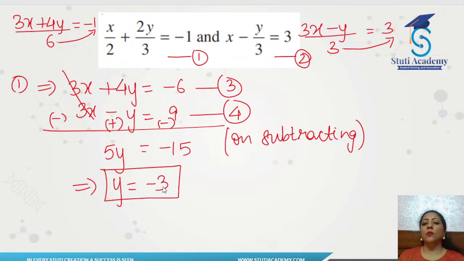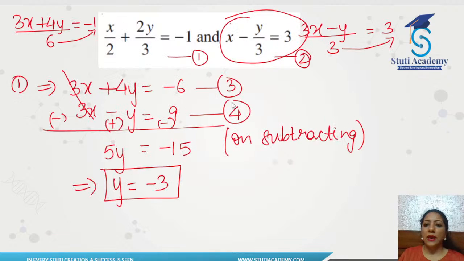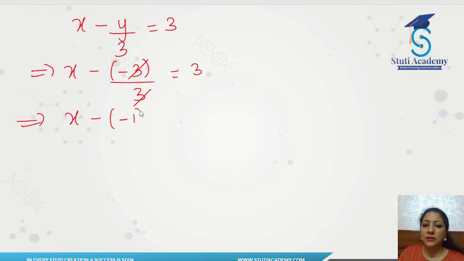Now, I'll take this y equal to minus 3 and put it in any of the equations. Let's say I'm putting it in the original equation which is given to me, equation 2. So, I have here x minus y over 3 equal to 3, and I'll write minus 3 in place of y. So I'll write x minus minus 3 upon 3 is equal to 3. Then we can cancel out these 3's and we will get x minus minus 1 is equal to 3, or you can write it as x plus 1 is equal to 3.